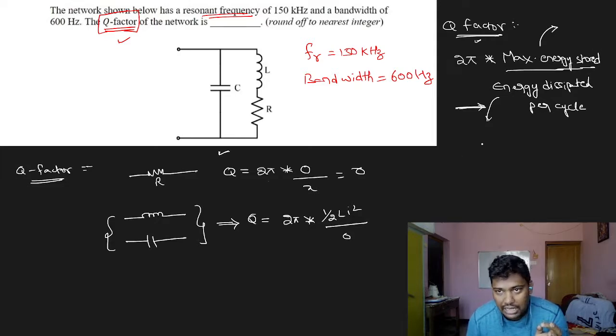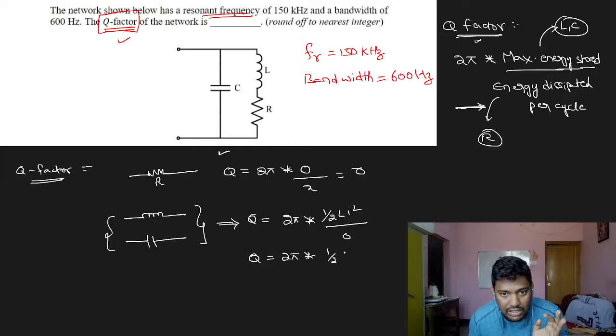Generally the energy storage elements are the inductor and capacitor, whereas the energy dissipating element is the resistor. Here it is a purely inductive circuit, and here a purely capacitive circuit. I'll write that equation also: 2 pi into half C V square, the energy stored in a capacitor, divided by energy dissipated. The energy dissipated is 0 because there is no resistor here. So here also it is 0, and Q will be infinity.